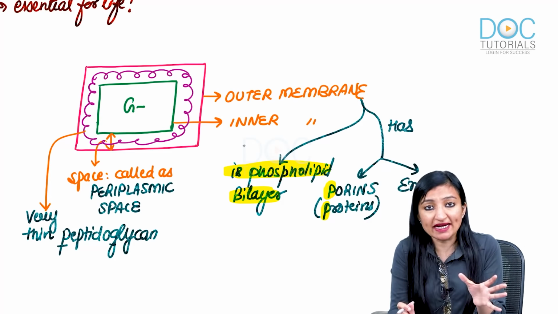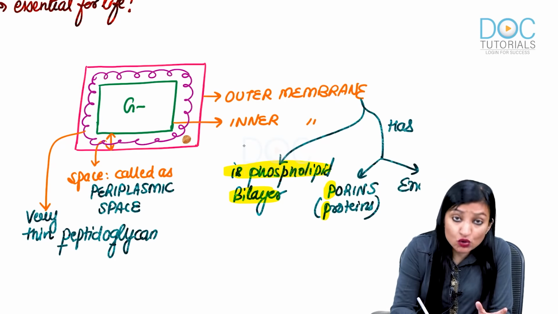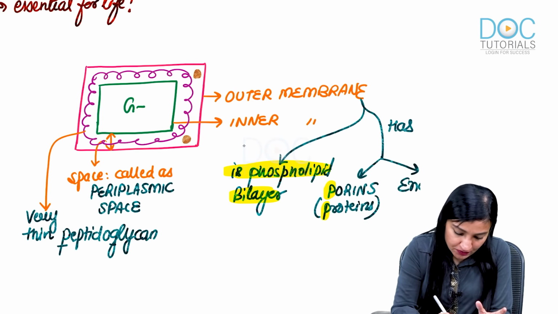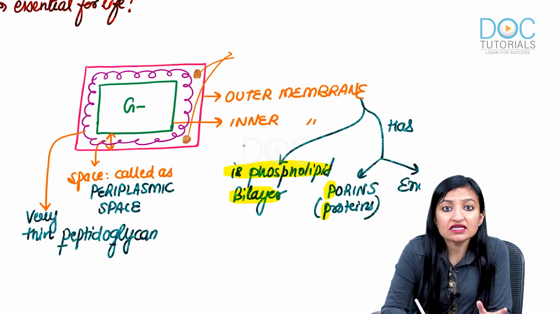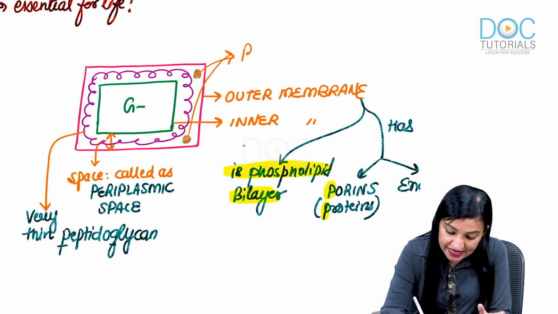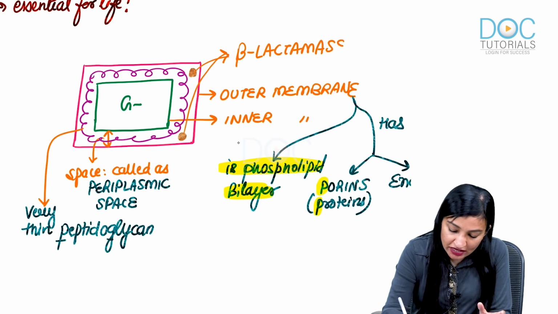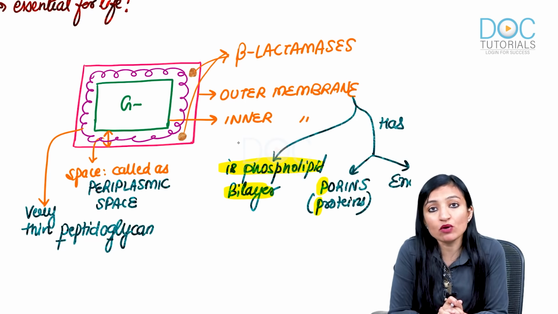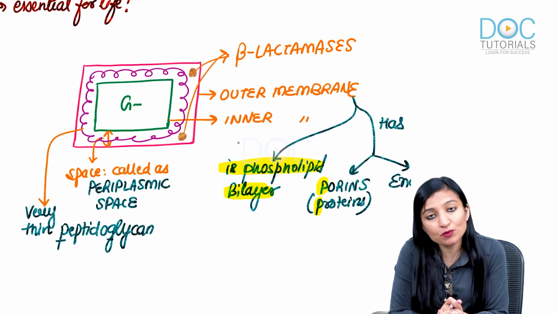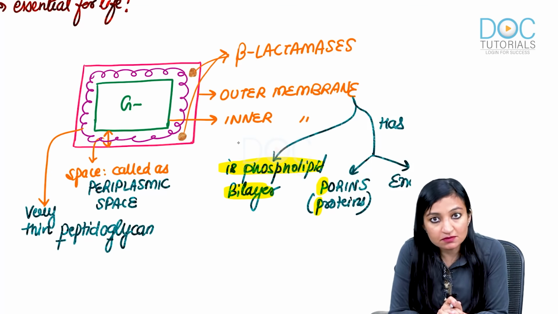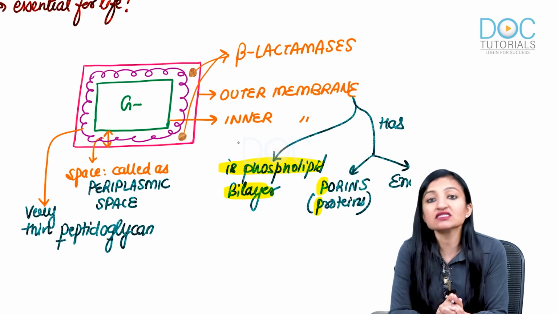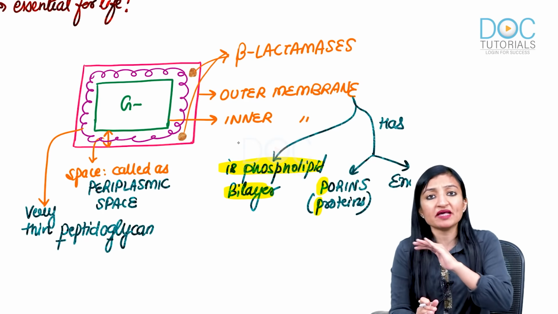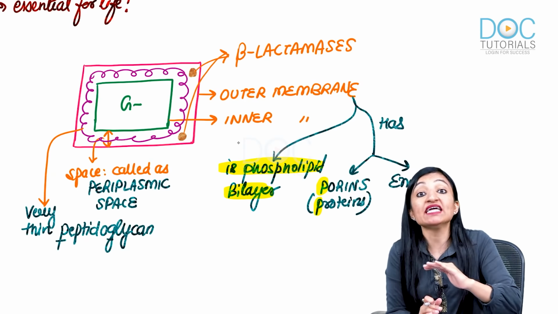And what else is located in this periplasmic space? These golden circles which I am drawing, what are these? These are nothing but beta lactamases. In pharmacology, you are going to read about different categories of antimicrobial agents. One of them is beta lactams, and there are certain bacteria which produce beta lactamases, meaning these are the enzymes which will break down the antibiotics called beta lactams.